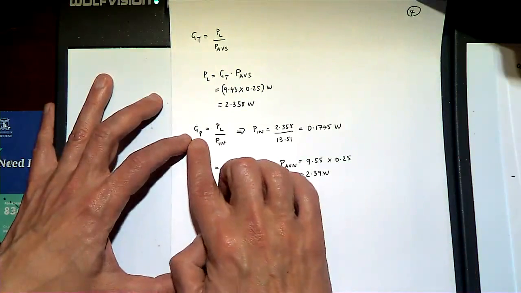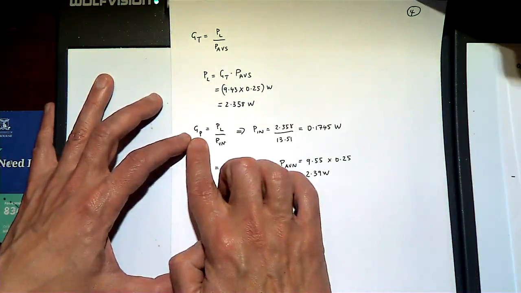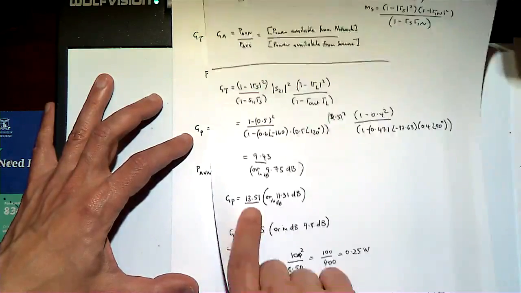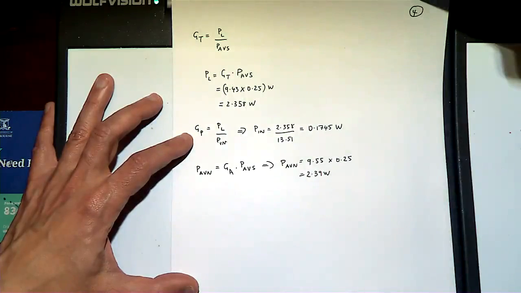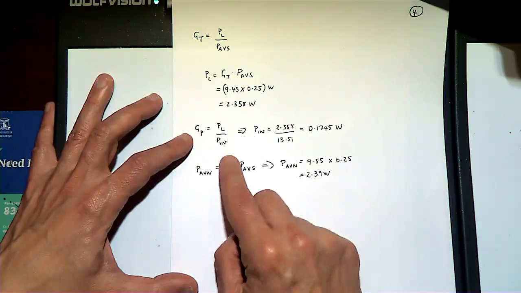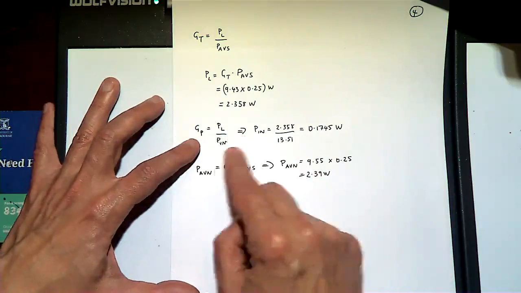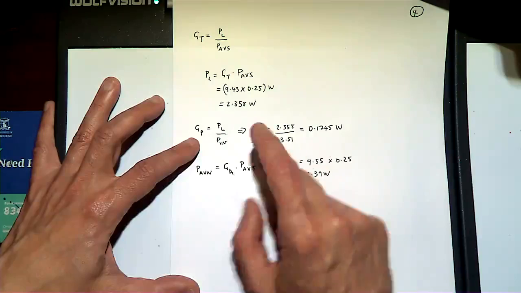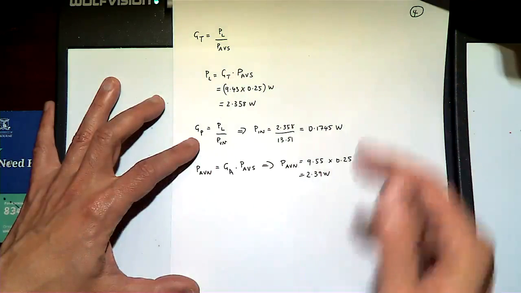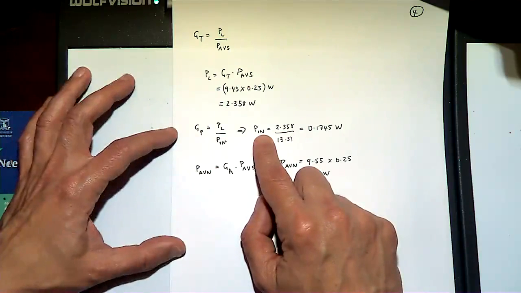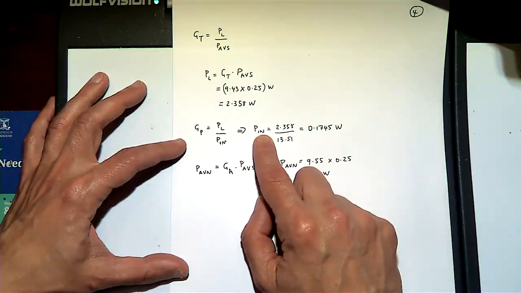Likewise, we can use the relationship for GP, which we calculated to be equal to 13.51, and we know that GP is equal to power of the load divided by the input power. Again, changing in order to make P the variable so that we can actually determine that variable.